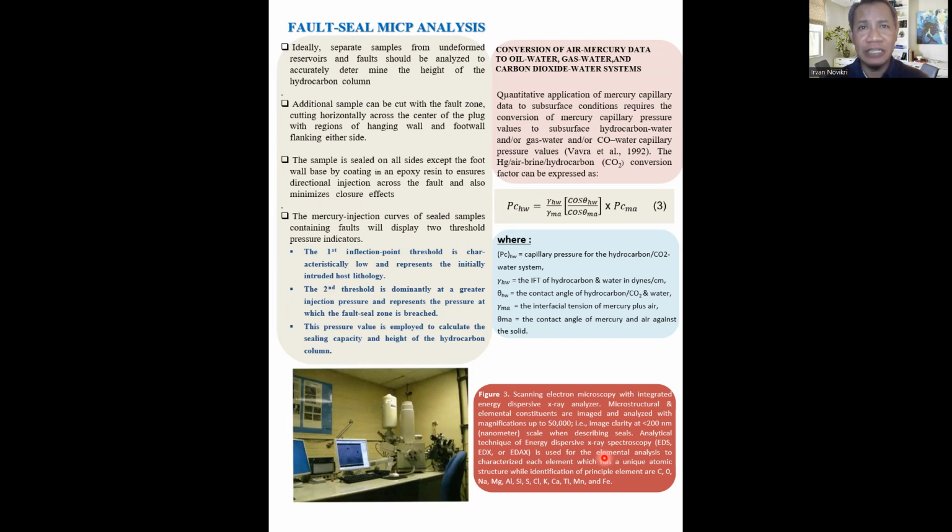And the interfacial tension of mercury-air, and theta-MA, the contact angle of mercury and air against the solid. So the IFT of mercury-air is, I think, around 480 dynes per centimeter in laboratory conditions, and the contact angle between mercury and solid is sometimes around 140 degrees.